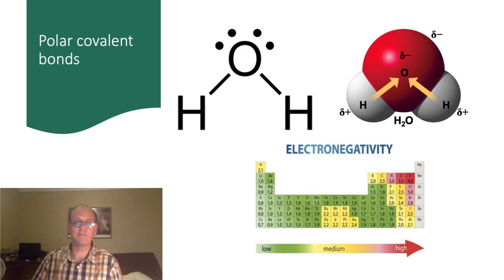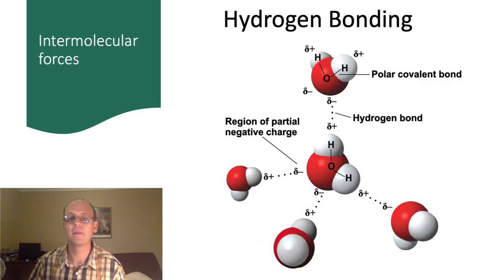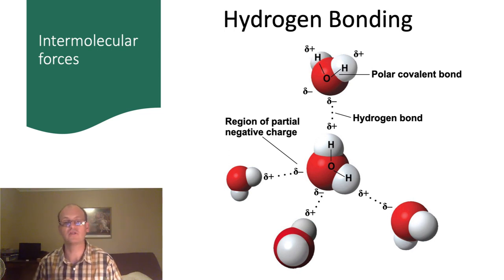Until now, we've been talking about intramolecular bonding, that is, bonding within a molecule. However, molecules also are attracted to one another under certain circumstances. The strongest of these intermolecular forces is called hydrogen bonding, and it's a result of the attraction between a partial negative charge and a partial positive charge. Let's see how that works in the case of water.